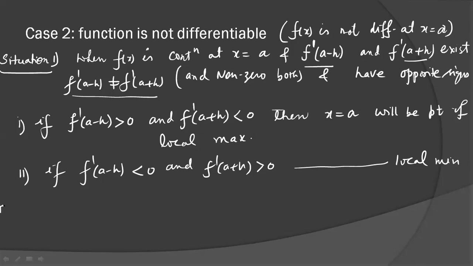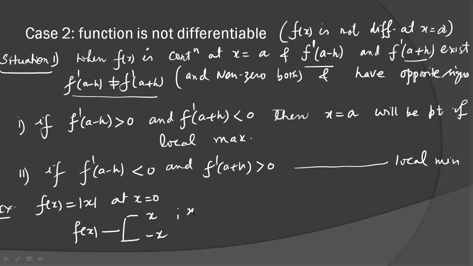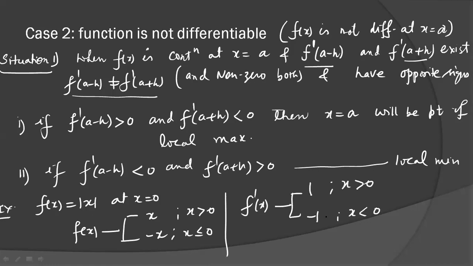For example, if we take f(x) equal to mod x, at x equal to 0, we know that this function is not differentiable. But if we break this function, we can observe that its derivative is 1 when x is positive and minus 1 when x is negative. We are not using the 0 equality sign here because the function is not differentiable at x equal to 0.